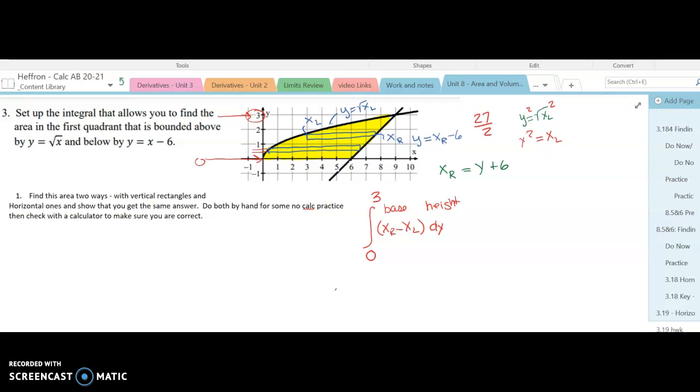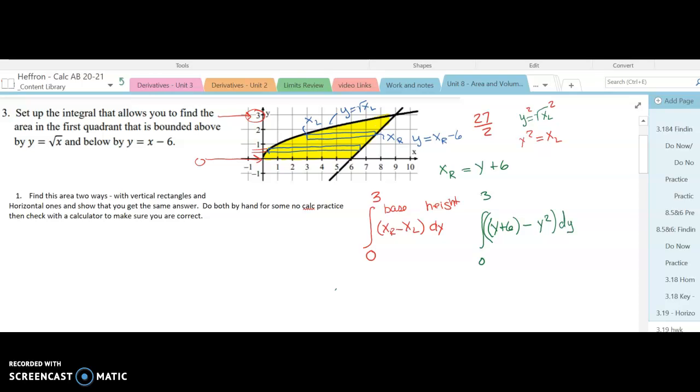So now we just have to plug in. Integral from 0 to 3. We said x on the right was y plus 6 minus x on the left, we said that was y squared, dy.